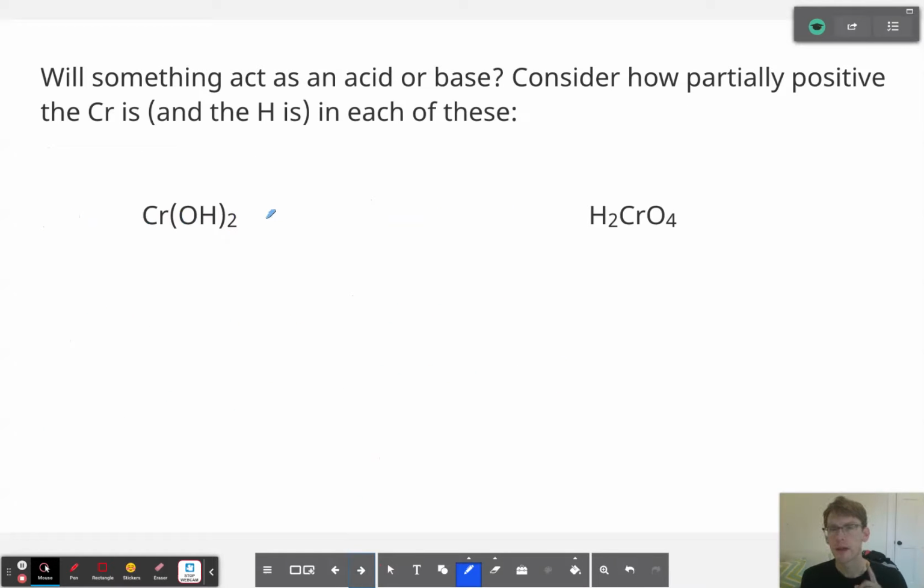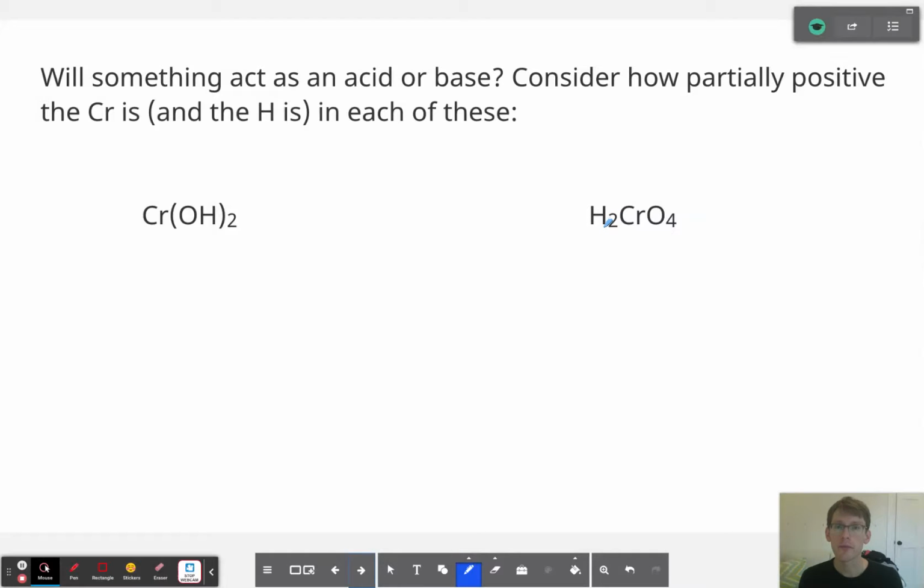So another thing, when we look at Cr(OH)2, that looks like a chromium hydroxide. And the way it's presented to us, it suggests, oh, this is a base. Then we also have H2CrO4, which is presented like an acid because the H's are out in front.